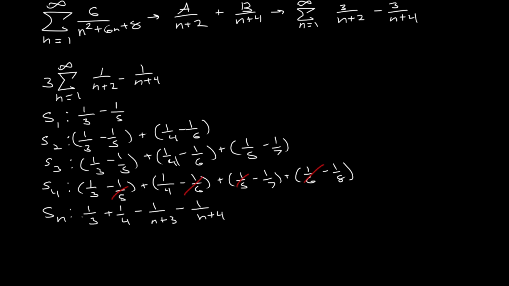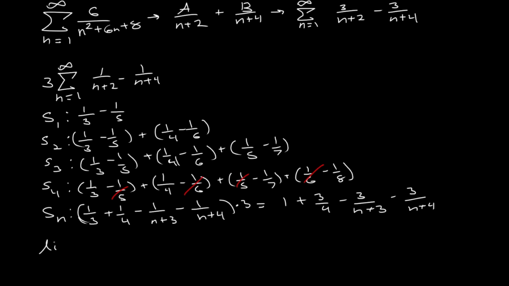And then from here, we can distribute out the 3 that we took out from the series. So multiply this all by 3, and we'll just get 1 plus 3/4 minus 3 over n plus 3 minus 3 divided by n plus 4. And this is our general solution.